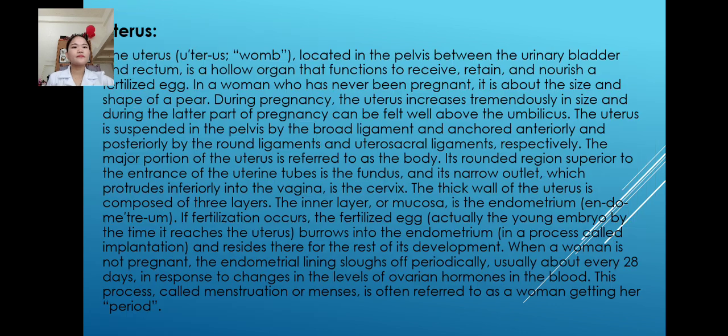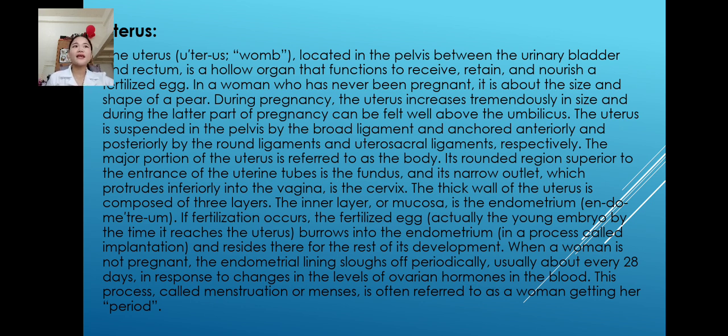So, the uterus. The uterus, located in the pelvis between the urinary bladder and the rectum, is a hollow organ that functions to receive, retain, and nourish a fertilized egg. In a woman who has never been pregnant, it is about the size and shape of a pear.